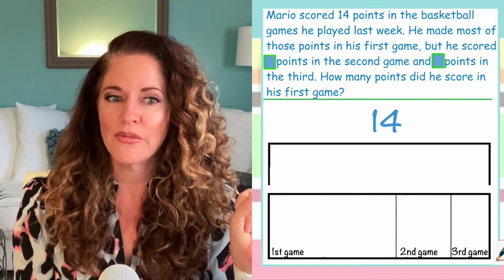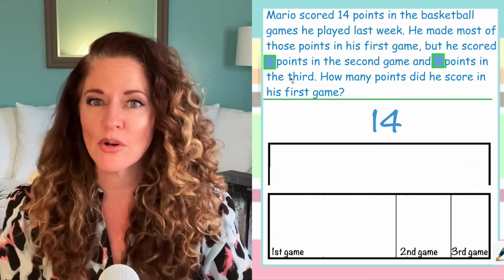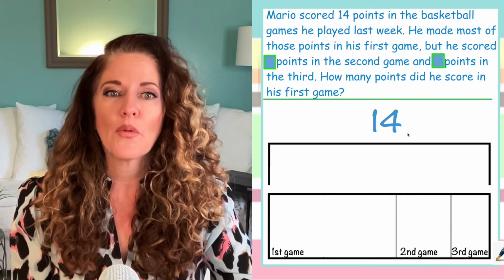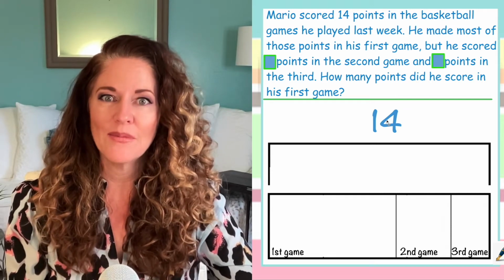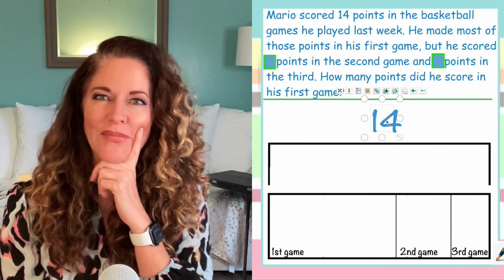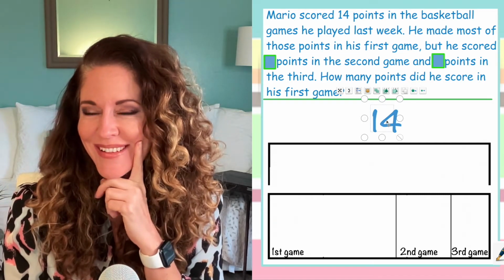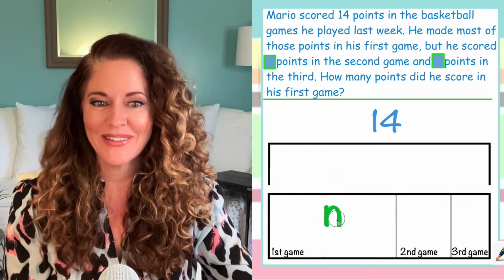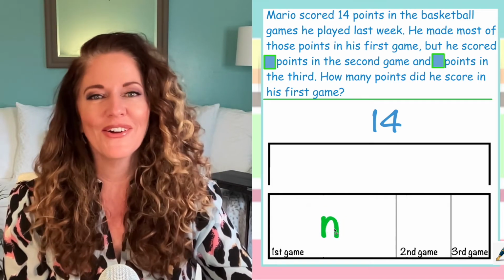I want to get our model filled out first, since this one is a little bit more challenging, okay? He made most of those 14 points in his first game. So I'm going to pull out most. Wait a minute. How many is most? We don't know, right? That is unknown to us.